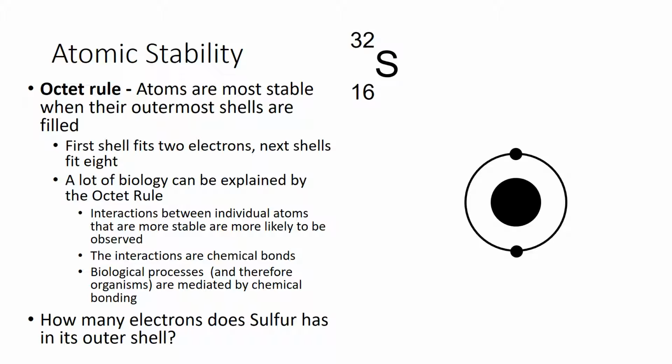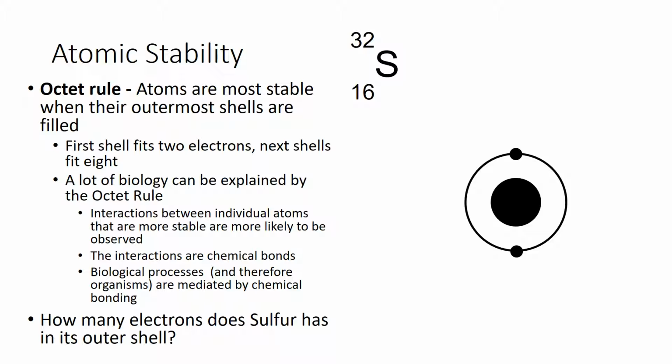So initially we have 2 electrons, and then after that we have 8. And each shell after that is also 8. And so atoms are going to interact with each other and share or give away or take electrons to try to fill their outer shell, because that's going to make them happy and stable, and then they're going to interact with other atoms to try to make that happen. And that's going to describe a lot of bonding and chemical reactions that we're going to be talking about.